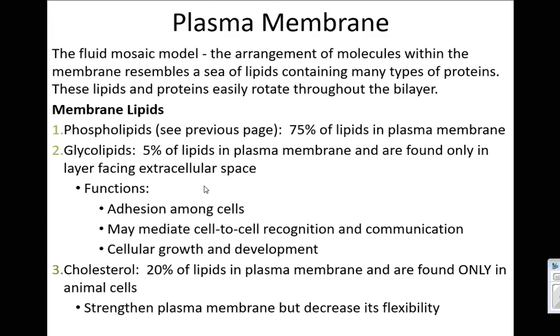Let's discuss those functions and structures of the plasma membrane. The overall model to describe the structure and arrangement of lipids and proteins in the plasma membrane is what we call the fluid mosaic model.